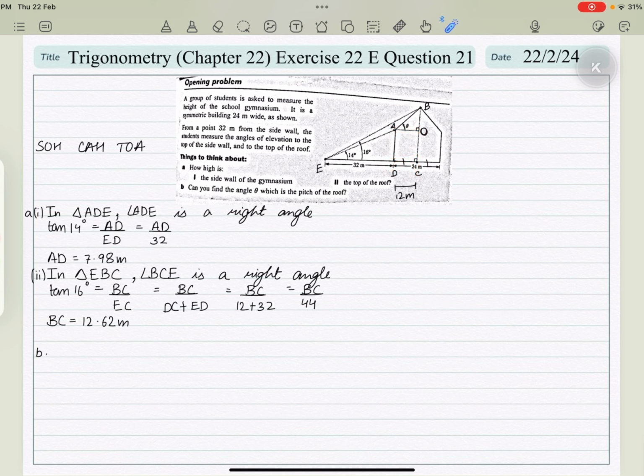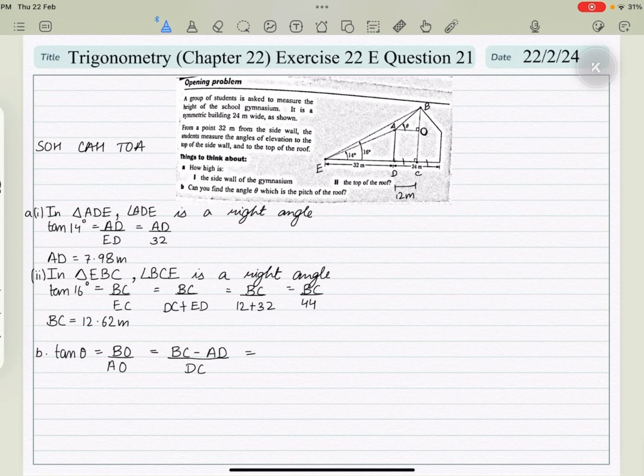So we can calculate angle theta, and in fact tan theta is equal to opposite upon adjacent, that is BO upon AO, and BO is equal to BC minus AD, and AO is equal to DC.